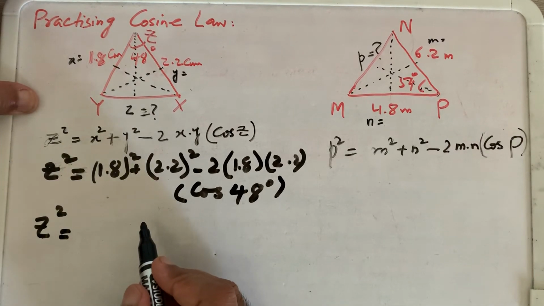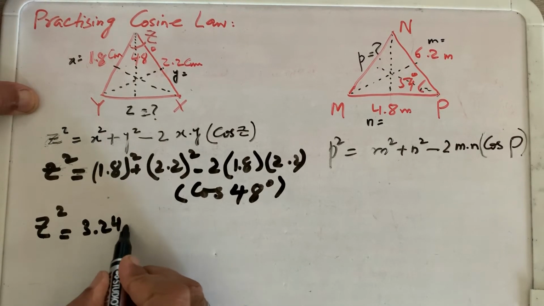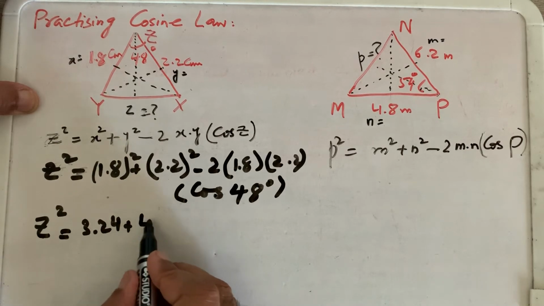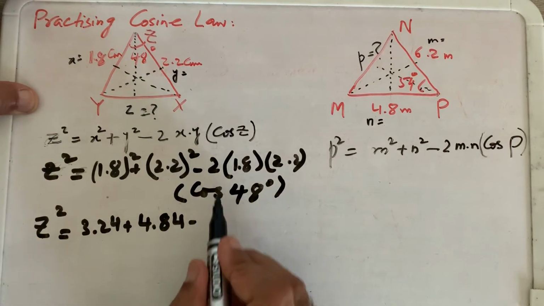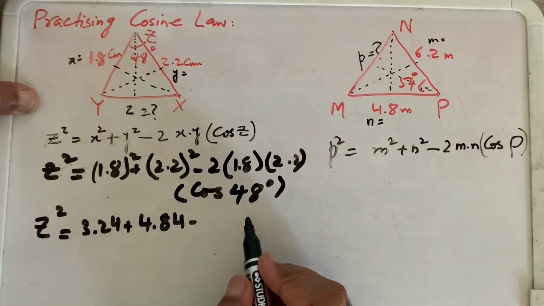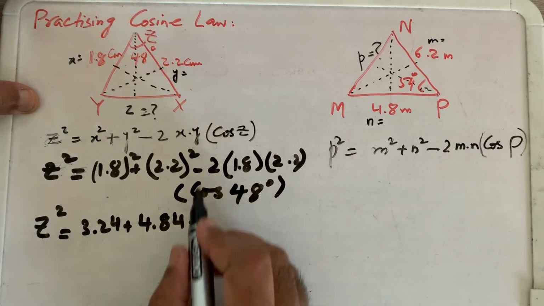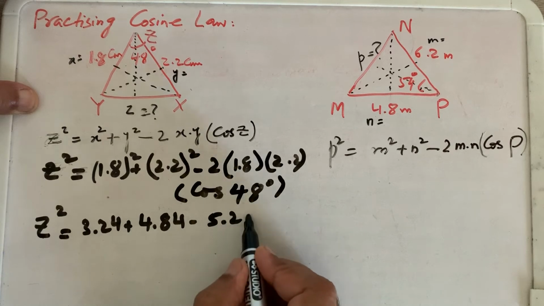And thus we have to simplify this. So what is x square? 1.8 square is 3.24, plus 2.2 whole square. What is 2.2 whole square? It is 4.84, minus 2 times this whole thing. If you check, cos 48 is 0.669, and when you multiply all of this, you will get 5.298.